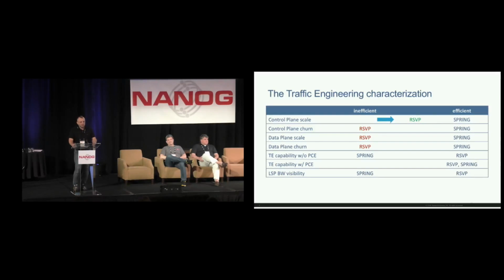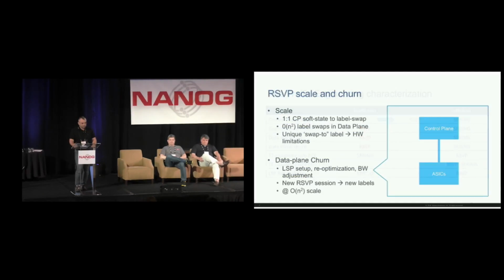You can quickly see that the reason why Spring is coming, and why we invented Spring, is because we want to be more efficient on state scale and on churn handling. However, with RSVP, we can still do something good.